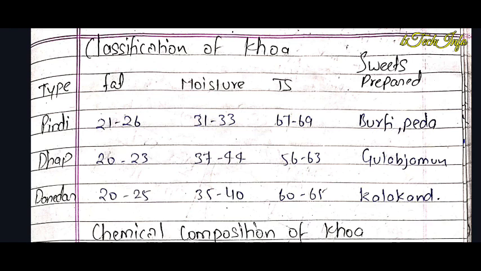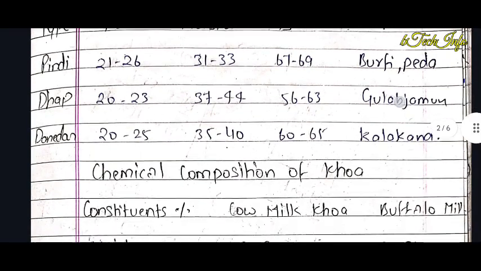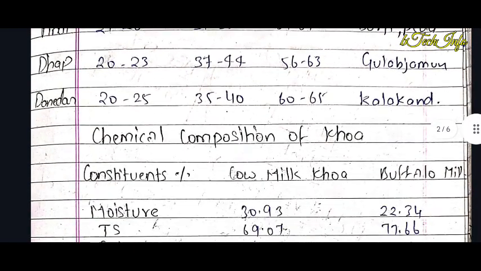Dhap has a fat content of 20 to 23%, moisture content of 37 to 44%, and total solids of 56 to 63%. Sweet prepared: gulab jamun. Danedar should have a fat content between 20 to 25%. Moisture should be 35 to 40%, and total solids should be 60 to 65%. And the product prepared is kalakand.